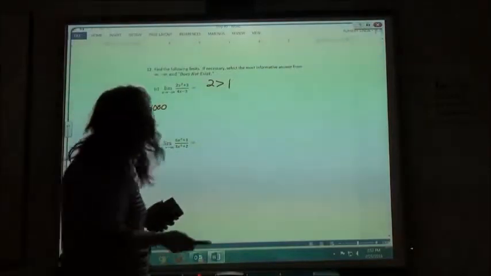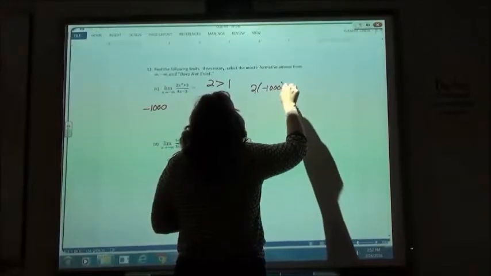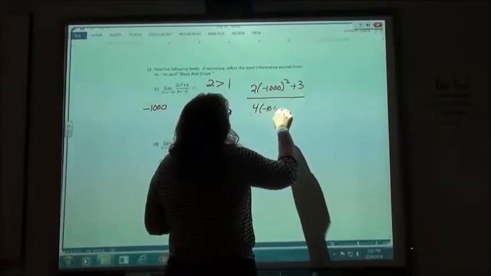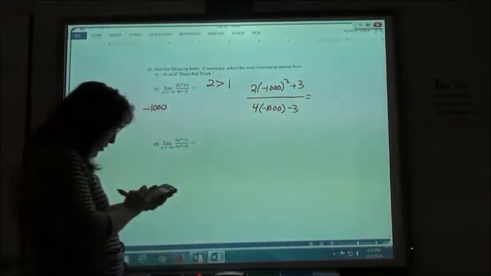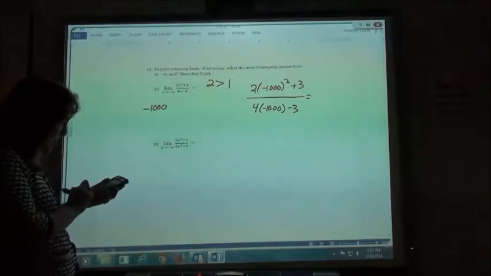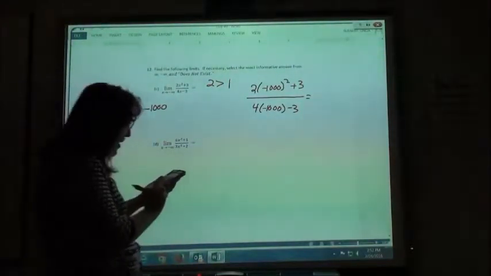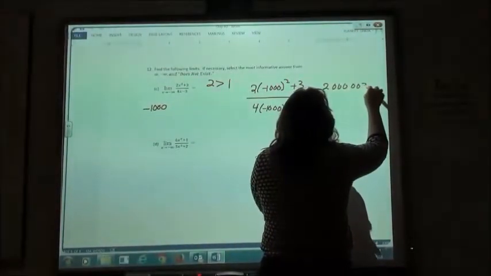So I picked 1,000. So I'm going to do 2 times negative 1,000 squared plus 3, and 4 times negative 1,000 minus 3. So 2 times negative 1,000 squared plus 3 gives me 2,000,003.